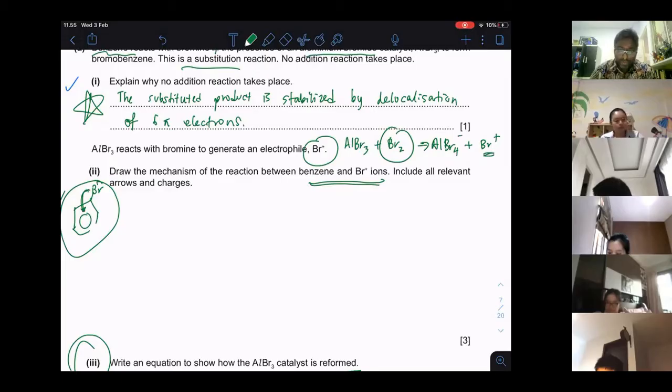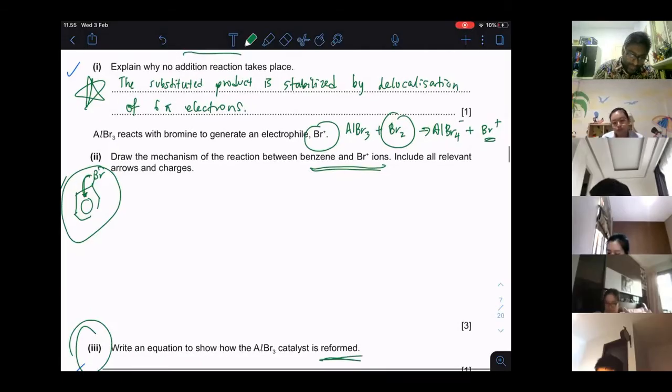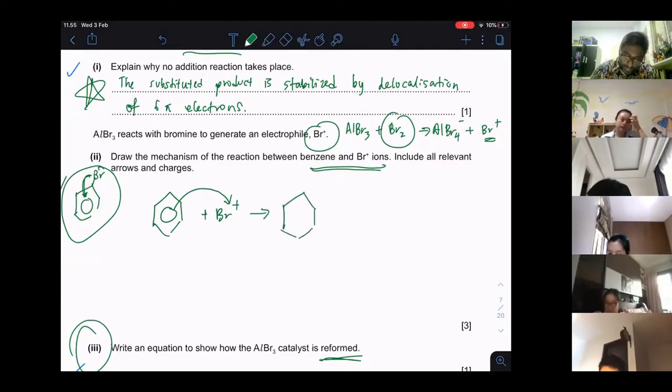Now draw the mechanism of the reaction between benzene and Br plus. What I draw is the curly arrow diagram. Please see from where to where the arrow is coming out. You have H, you have Br.